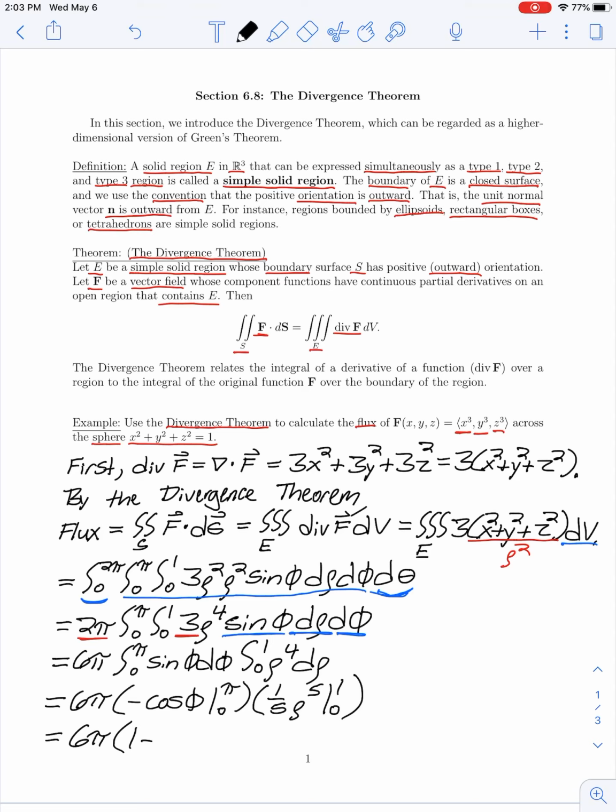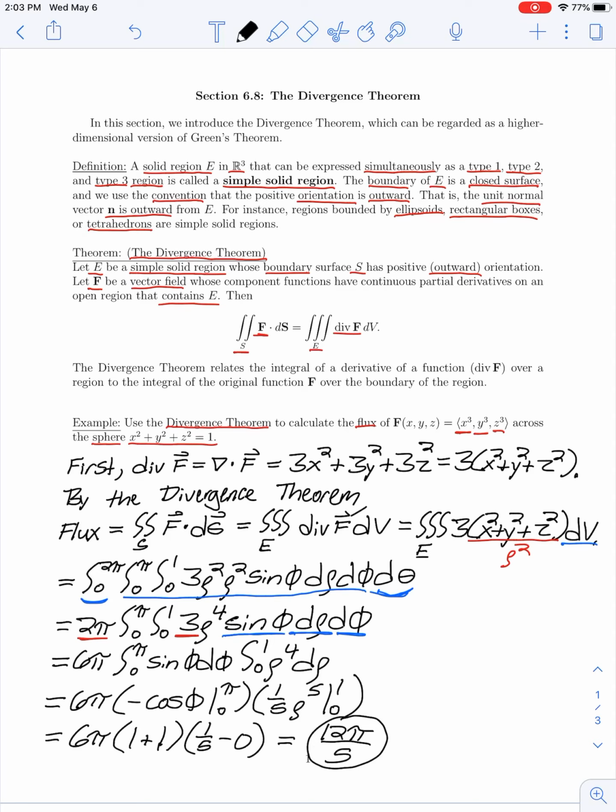And then we subtract what we get when we plug in 0. So we have negative cosine of 0, or -1. Subtracting that -1 gives us a +1. And then evaluating our 1/5 rho to the 5th at 1, we have 1/5 minus, when we plug in 0 for rho, we get 0. So altogether, we're left with 12 pi over 5 for the flux of that vector field across the unit sphere.